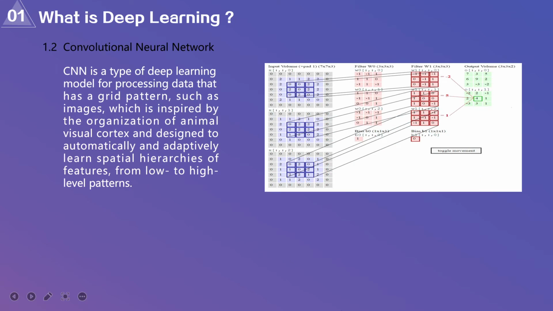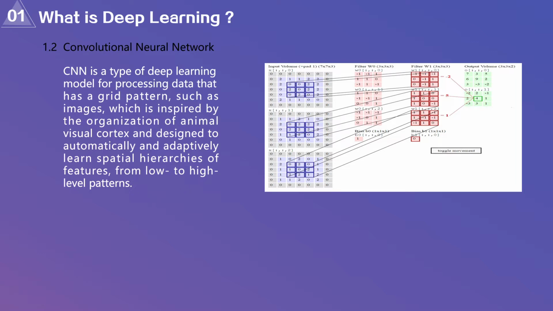The second type of deep learning algorithm is the convolutional neural network. A convolutional neural network is a type of deep learning model for processing data that has a grid pattern, such as images, which is inspired by the organization of the animal visual cortex and designed to automatically and adaptively learn spatial hierarchies of features, from low to high level patterns.